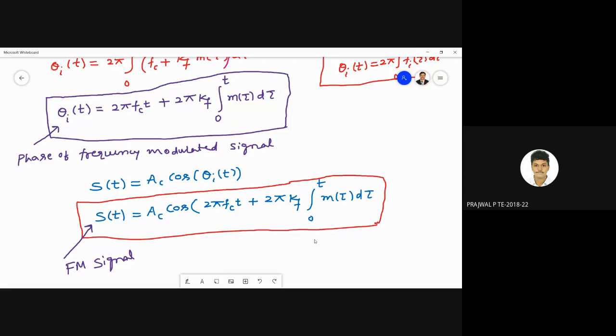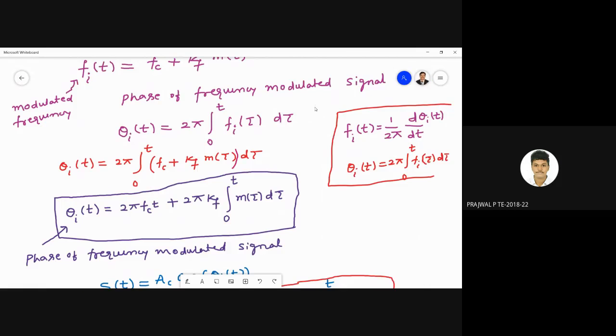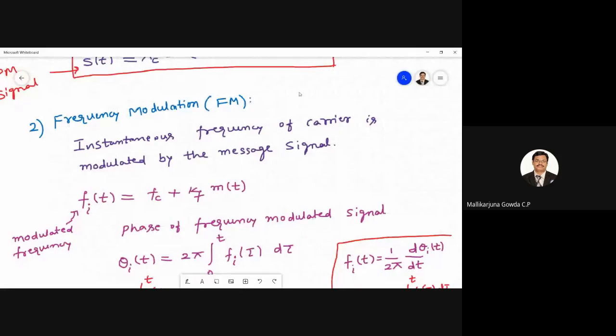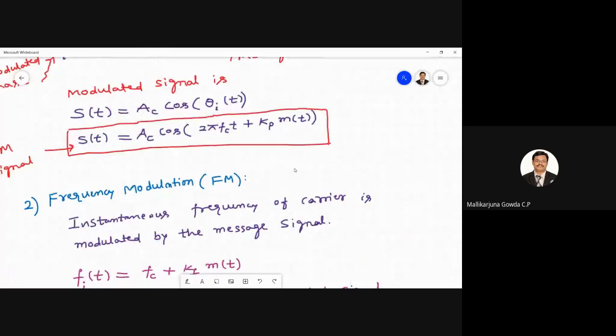In FM signal, it is the integration of that. In case of PM, s of t is equal to Ac cosine of 2 pi fct plus Kp into m of t. In FM, it is the integration.